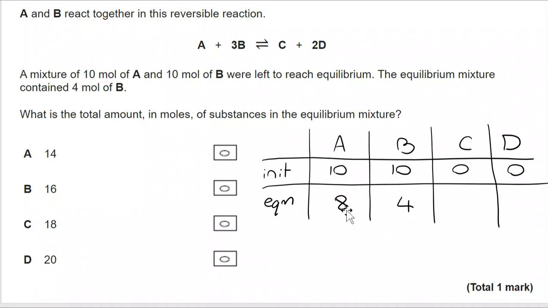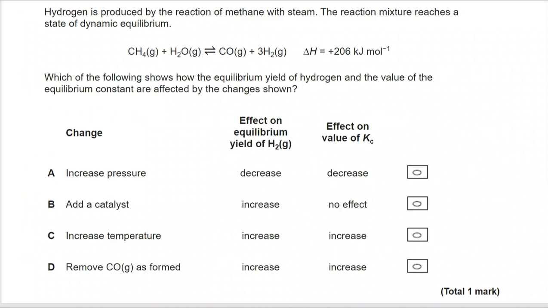If I've used 2 moles of A, it means I've made 2 moles of C. And I can use C and D mole ratios to see that if 1 mole of C is made alongside 2 moles of D, then if I make 2 moles of C, I'm going to make 4 moles of D. I can now simply add up the total number of equilibrium moles. 18, correct answer is C. On to the next question.